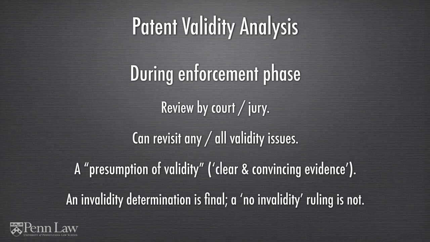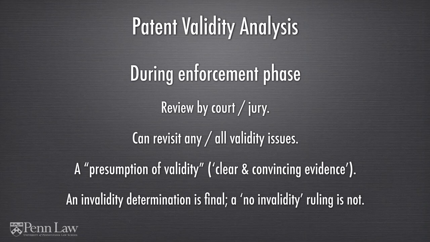An invalidity determination is final, meaning that if in any case a patent is declared by a court to be invalid, then that patent can no longer be asserted against anybody else anywhere in the U.S., anywhere at all actually.